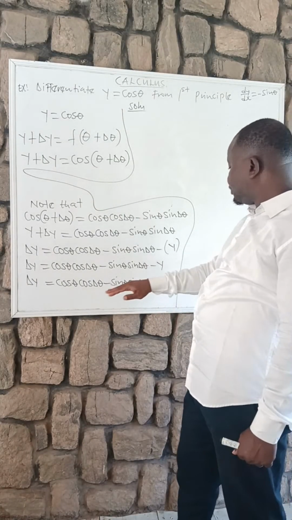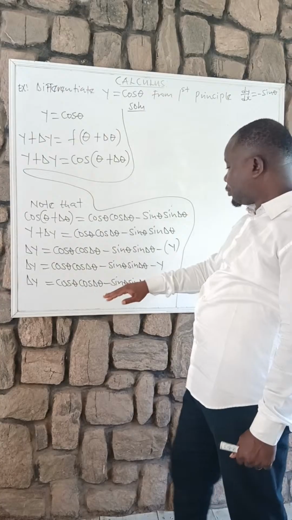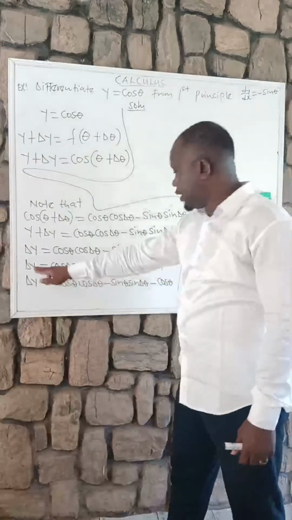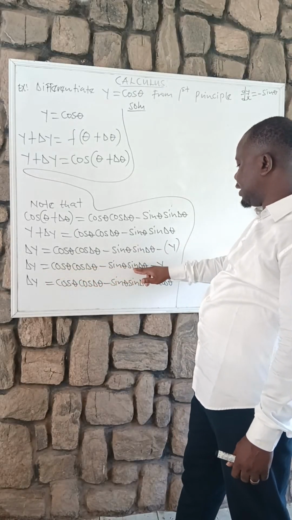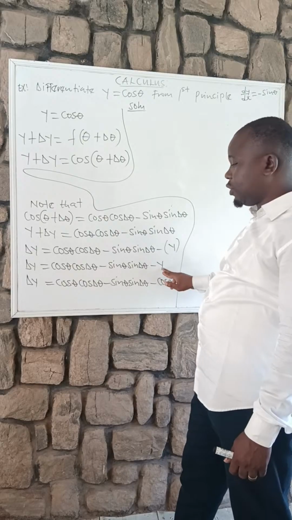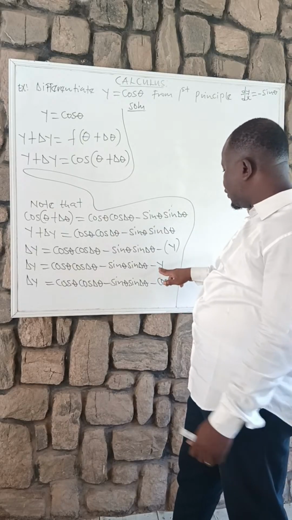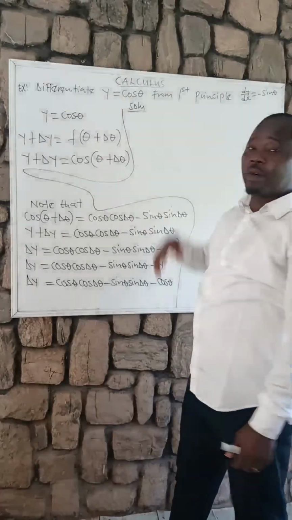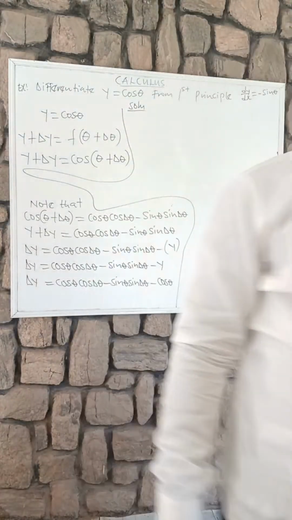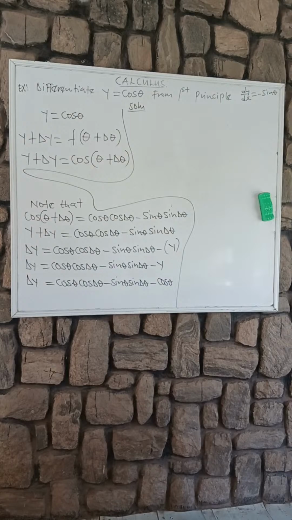Okay, so we are going to have dy equal to cos theta cos d theta minus sin theta sin d theta, minus y, right? So what is your y? Y has been given to us: y equals cos theta. True or false? Look at the board. Are you seeing what I am seeing? Amen? Okay.